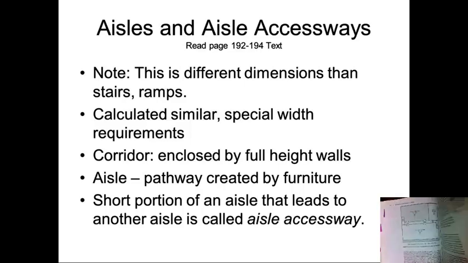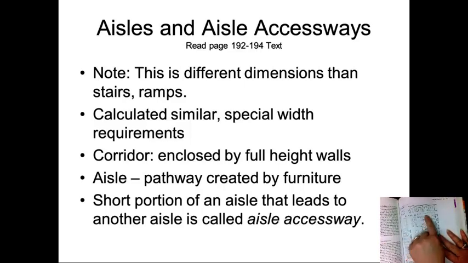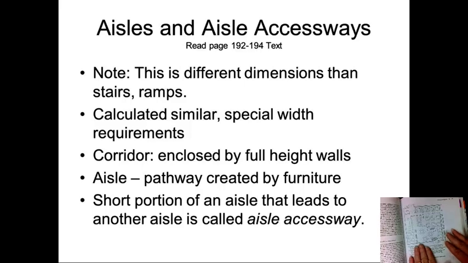this particular drawing, and this is like 17 feet in through here, okay? What we're talking about is our aisle access. We know we have to have 12 inches in between the two, okay?